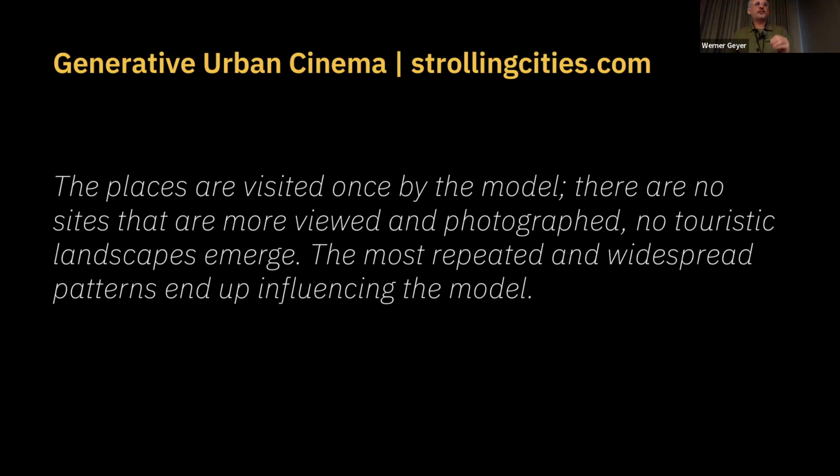And just this little insight. If the model is just working one time for each street, and tries to really capture the sense of the city, then you have a representation of the city that is impossible to recognize from a tourist point of view. The tourist will not be able to recognize Venice.